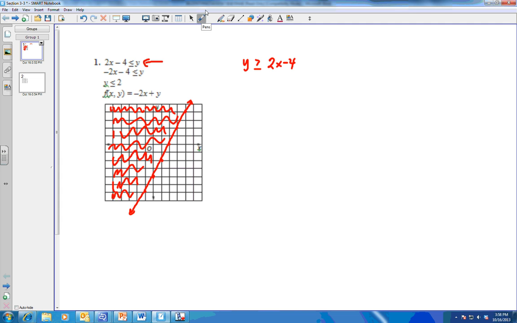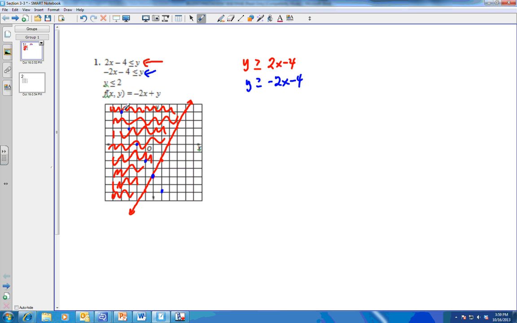I'm going to do the next one in blue. So now I'm going to rewrite this equation. When I rewrite that equation, it looks like this: y is greater than or equal to negative 2x minus 4. So it's that same graph, except I have a negative slope instead of a positive slope. My y-intercept is negative 4. This time my slope is negative 2, so I go down 2 to the right one, or up 2 to the left one.